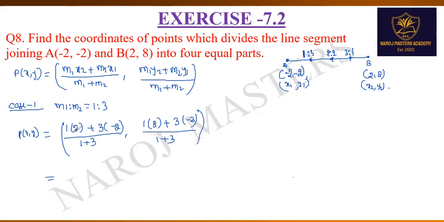That equals 2 minus 6 by 4, comma 8 minus 6 by 4. So 2 minus 6 means minus 4 by 4, comma 2 by 4. That equals minus 1, comma 1 by 2. This is the first coordinate point when the ratio is 1 is to 3. Now case 2.